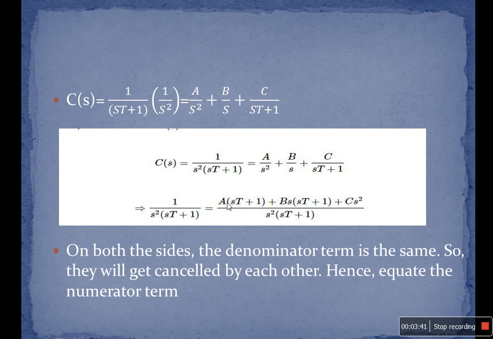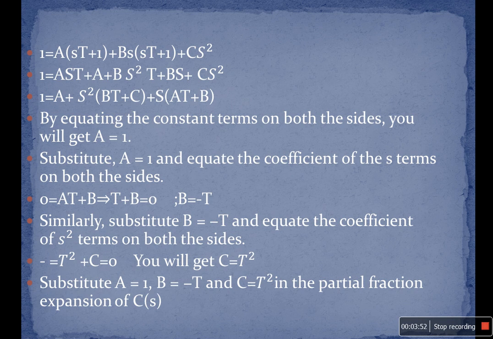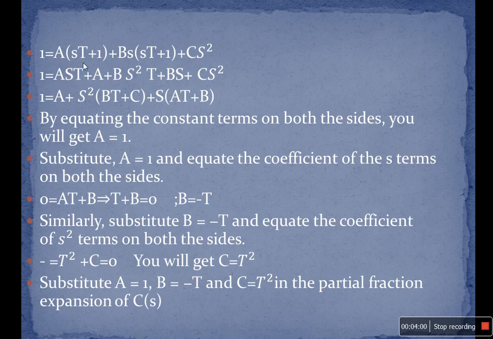Whenever we equate the numerator terms, we get a into s tau plus 1 plus b s into s tau plus 1 plus c s square equal to 1. This is the equation we get. Multiplying a with this, we get a s tau plus a, plus b s into s tau is b s square tau, plus b s, plus c s square.